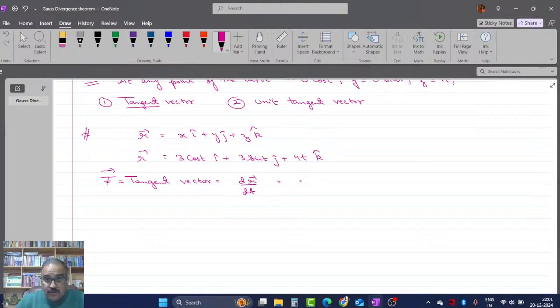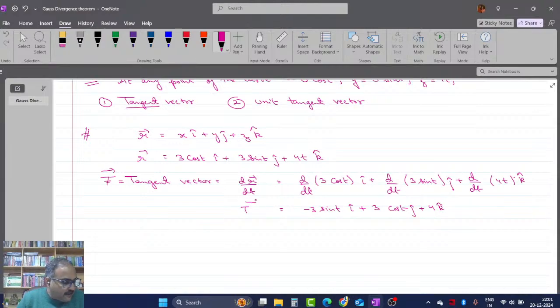That will be equal to d by dt of 3 times cos t i cap plus d by dt of 3 times sin t j cap plus d by dt of 4t k cap. So it will be minus 3 sin t i cap plus 3 times cos t j cap plus 4 k cap. So you have got the tangent vector, T vector.